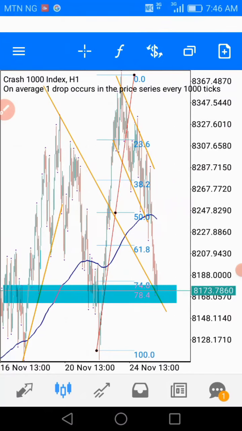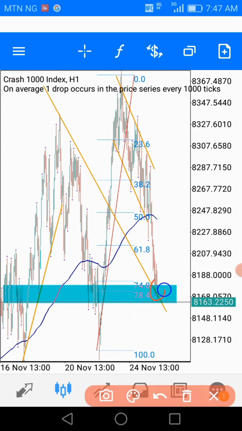But we want to be sure there is an increase in buying pressure and volume before we place our trade. Now you see it's still spiking, so we're not going to place any trade until we see an increase. That's a support zone already. Until you see an increase in buying pressure and volume, and that is when a bullish candle will be closed just above this place.